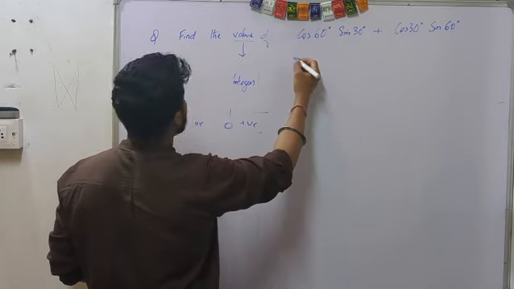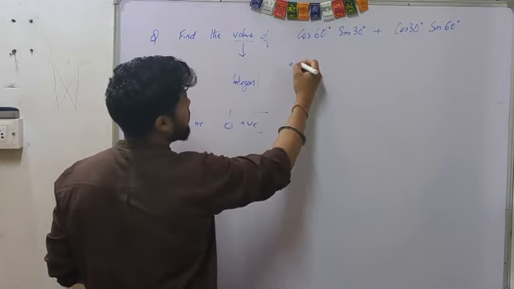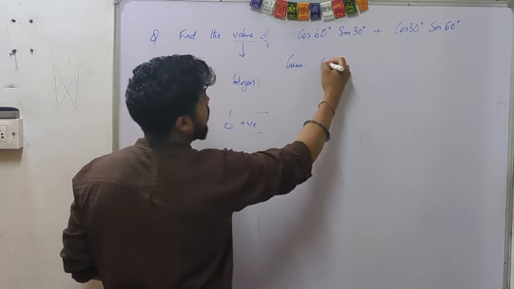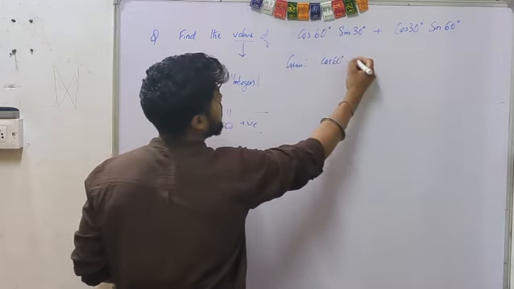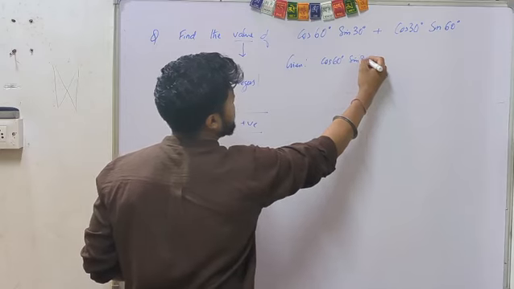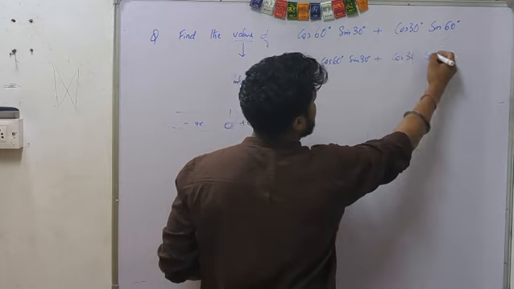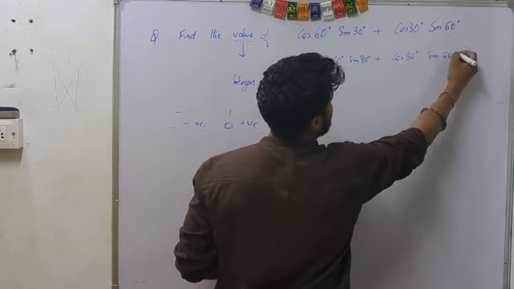So basically we'll start with what is being given. You'll write given, ठीक है, cos 60 degree sin 30 degree plus cos 30 degree sin 60 degree.